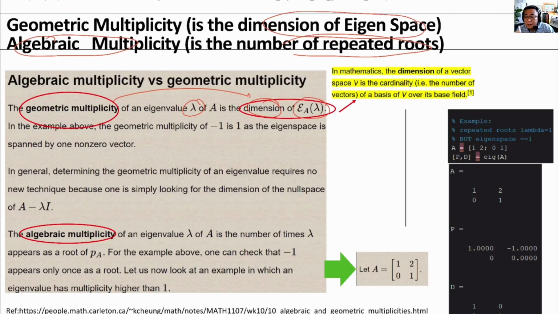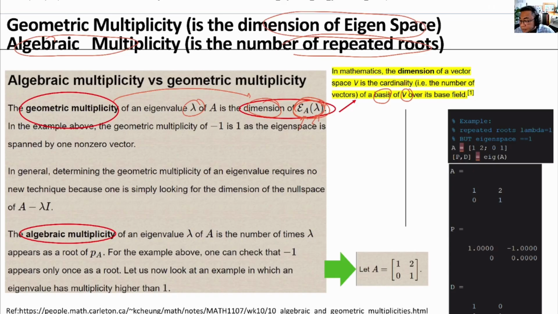So what does dimension mean? Dimension is the cardinality, basically counting the number of vectors in the basis for that vector space. We're talking about the eigenspace of matrix A for this particular eigenvalue: how many vectors are needed to form the basis. That's the dimension.